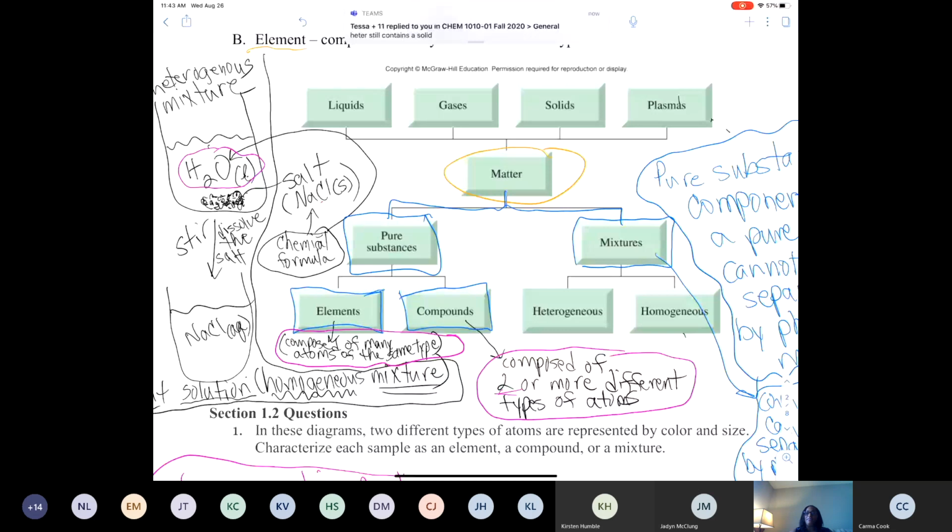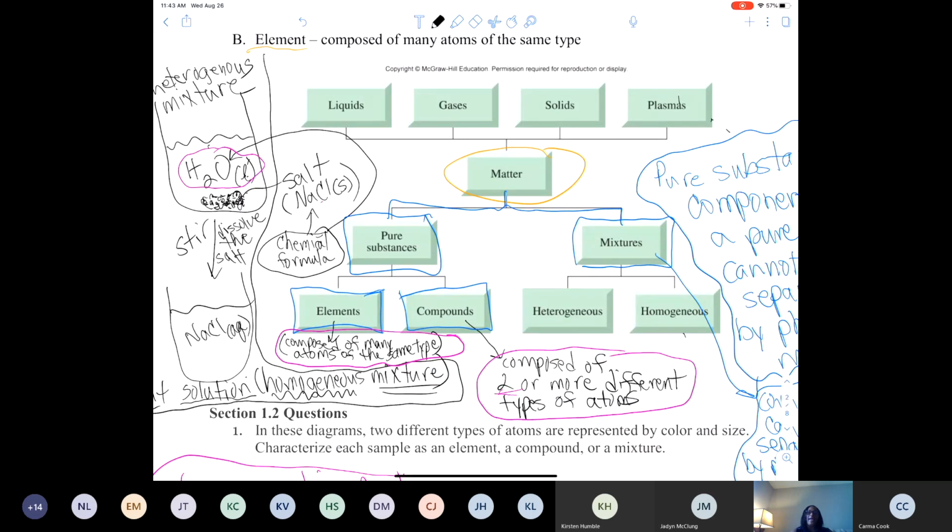Right, Tessa says the heterogeneous one still contains some of the visible solid. So what Tessa is saying is that the heterogeneous mixture is not uniform throughout. I've got solids sitting on the bottom of the cup, and I have no solid salt residing at the top layer of the water towards the middle of the cup.